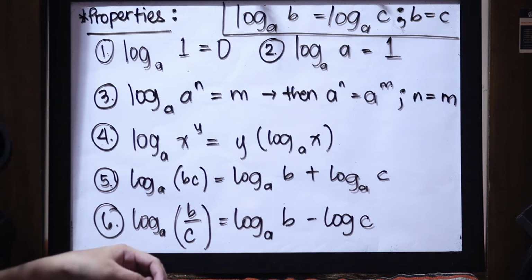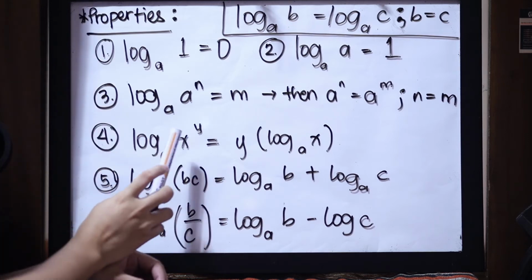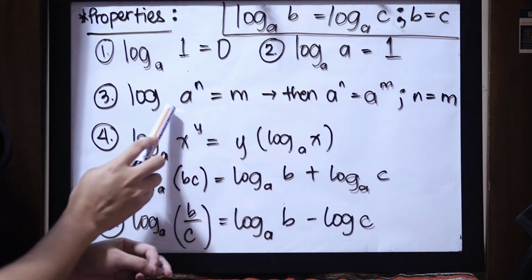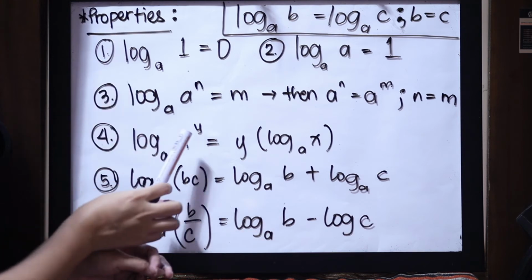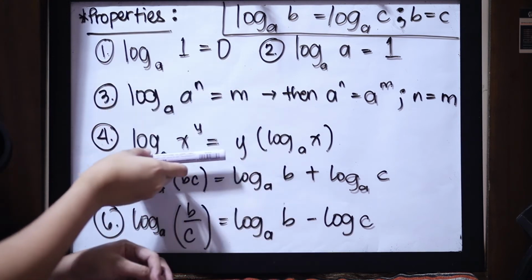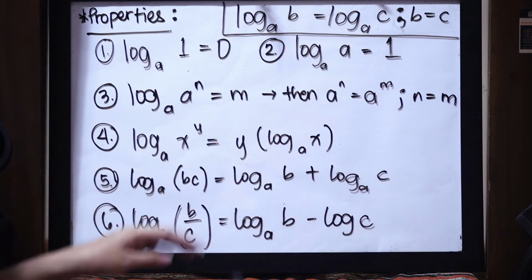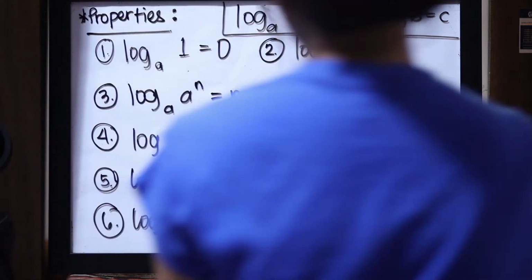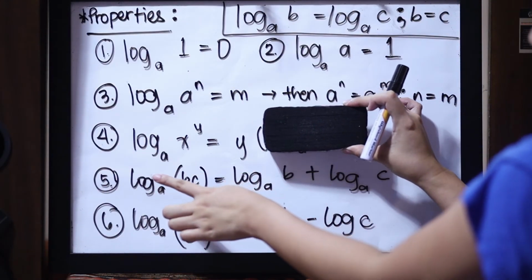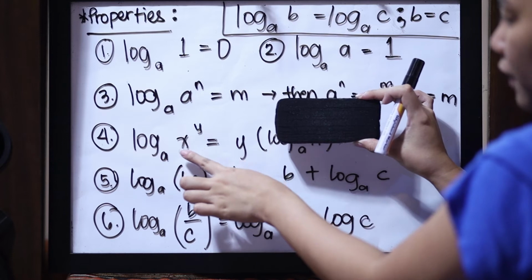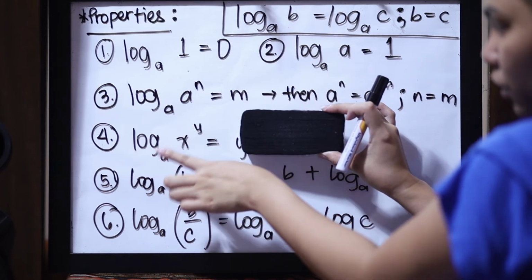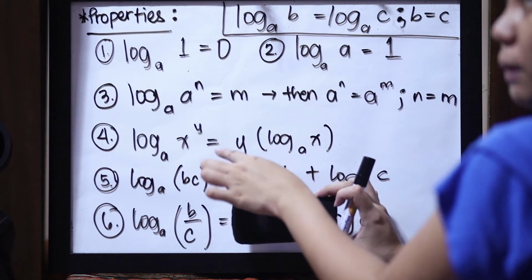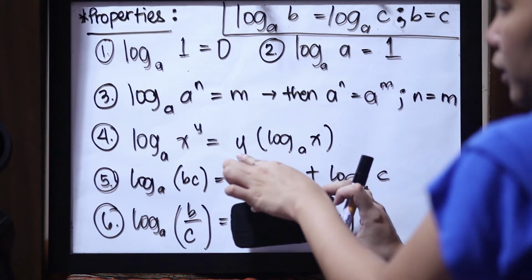Tapos, number 4, logarithm of x raised to y to the base a is equal to y. Kung ang given ay logarithm of x raised to y to the base a, you can rewrite it as, ibababa nyo lang yung exponent para siyang magiging numerical coefficient ng logarithmic function.